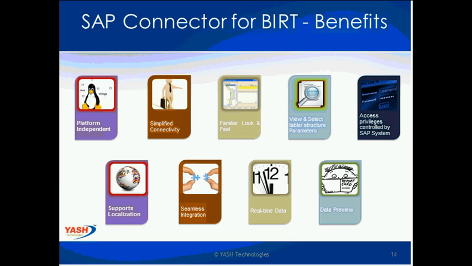You just install the connector, and the next time you open a BIRT report designer, the connector is available in the list of data sets. And the data that is displayed is real time, because the query will be executed when you run the report, and data can be previewed within the data source query builder.